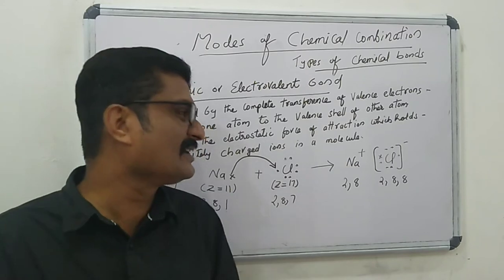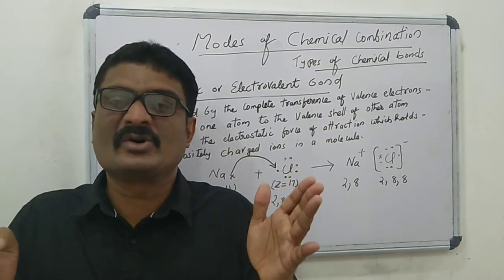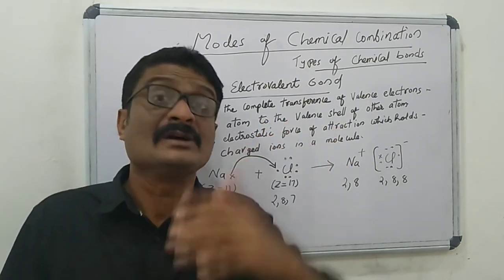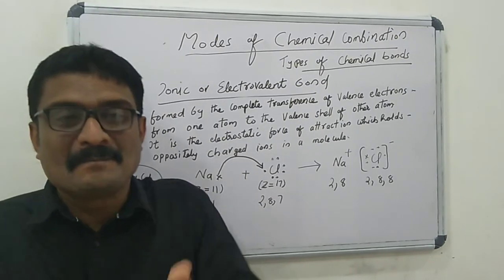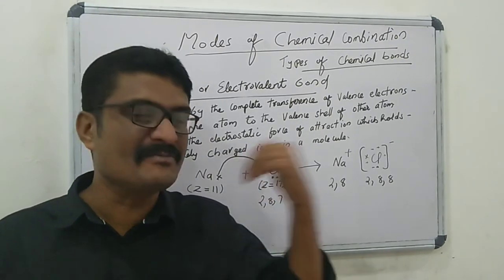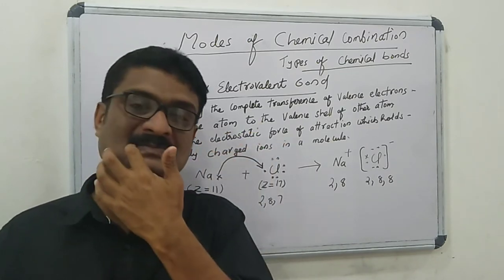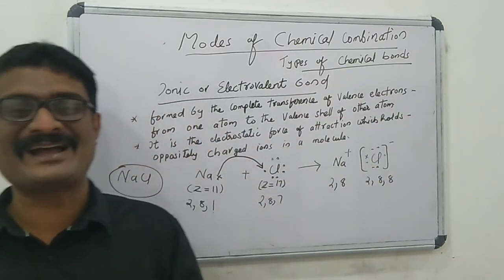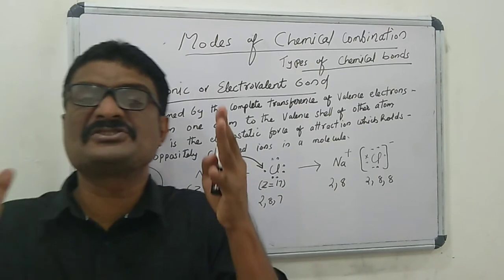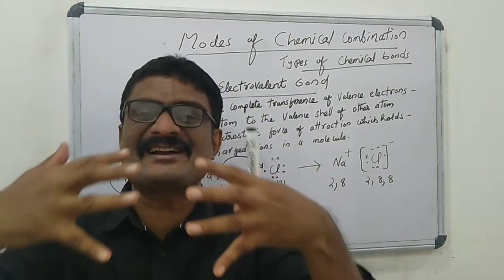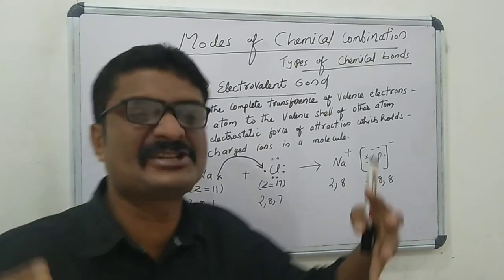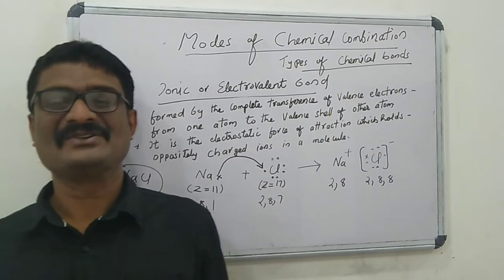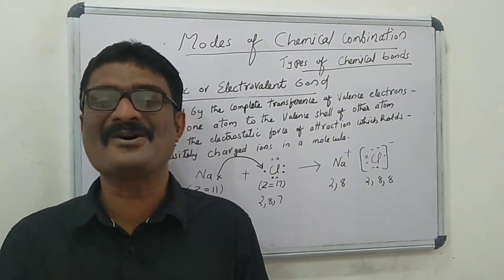By losing an electron, sodium becomes a positively charged ion, that is a cation. By gaining an electron, the non-metal chlorine atom is converted to a negatively charged ion, or anion. The positive and negative ions are attracted to one another by electrostatic force, which constitutes the ionic bond.